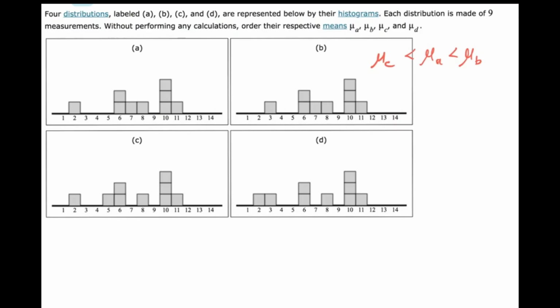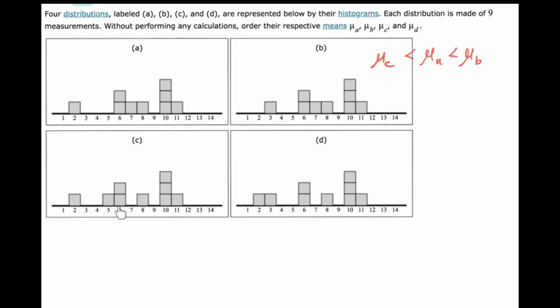Now I need to decide what relationship the distribution D has with respect to the other 3 distributions we already discussed. I'm going to do that by comparing distribution C with distribution D. How are they the same or different? I notice that elements at 11 and 10 and 8 and 6 are all the same. So up to here, all of this is the same.